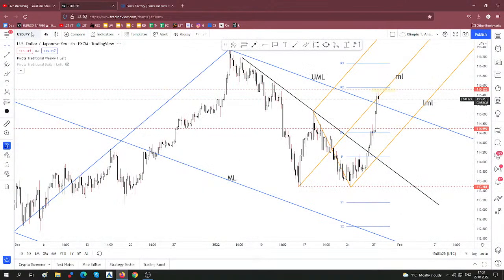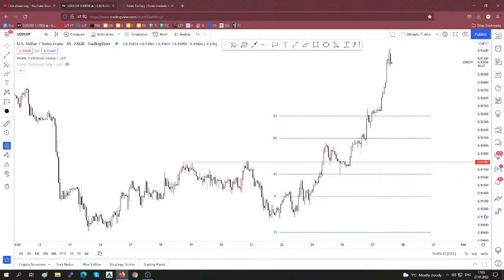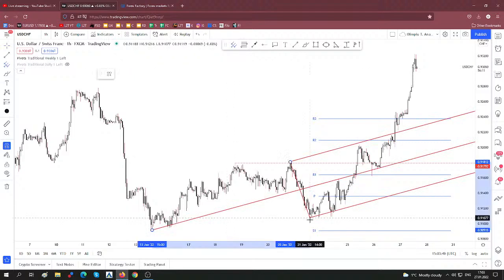US dollar Swiss franc: unfortunately a strong rally, and yesterday I wanted to share a trade with you guys, something like this.